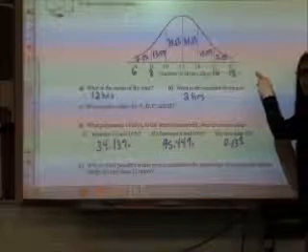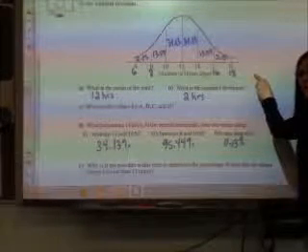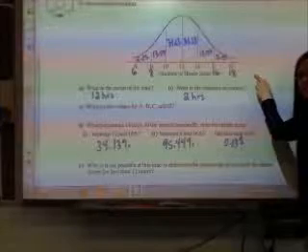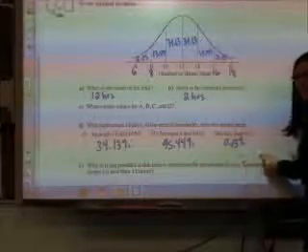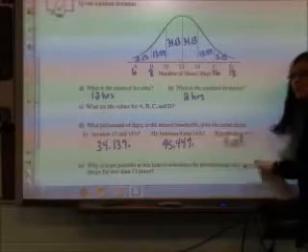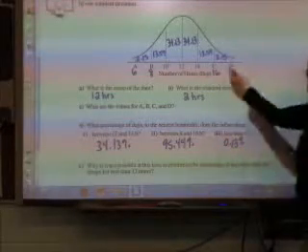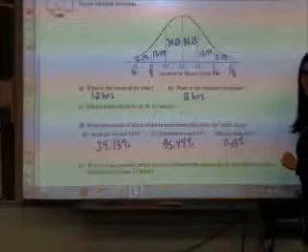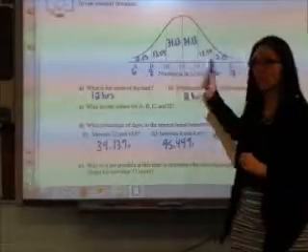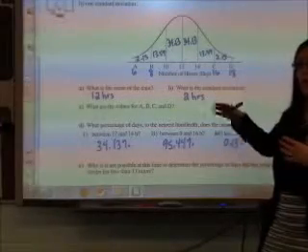Likewise, if I have a baby that's sleeping 20 hours a day, I should be concerned for the same reason, because again, barely 0.1% of babies sleep for more than 20 hours a day. But everything else could be considered within that normal range.